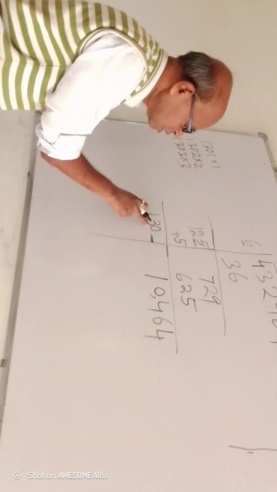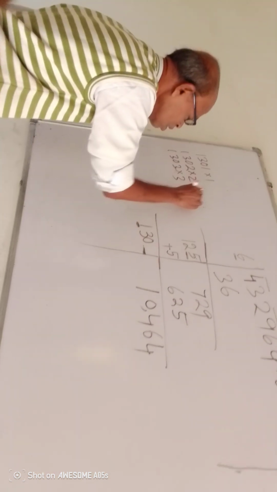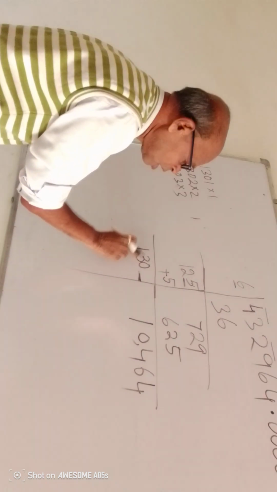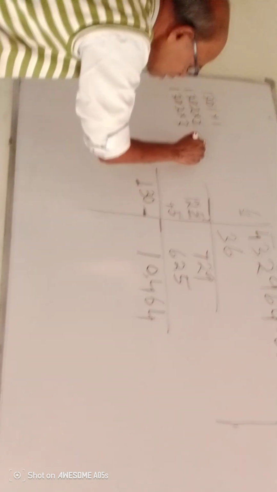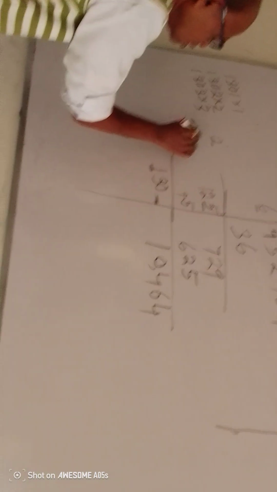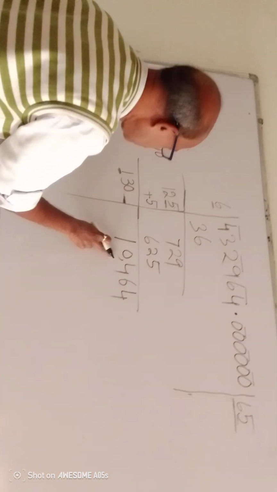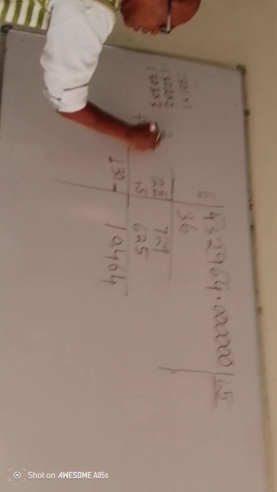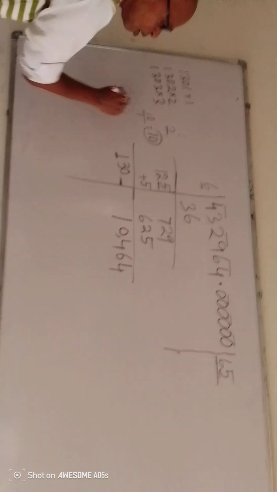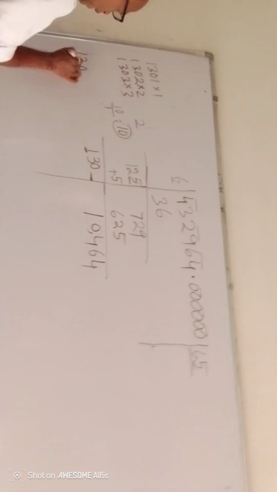I will consider this as 1. If it is more than 5, I will consider this as 2. Now you see, divide 10 by 1. It is coming 10. So naturally whatever number I put here, it will be near 10. So you have to try from number 8.